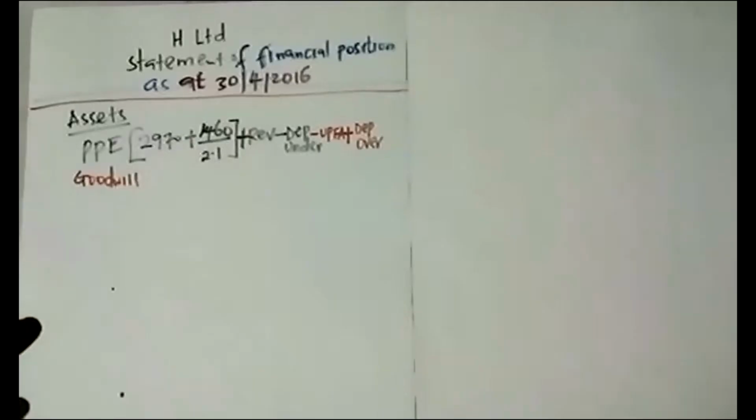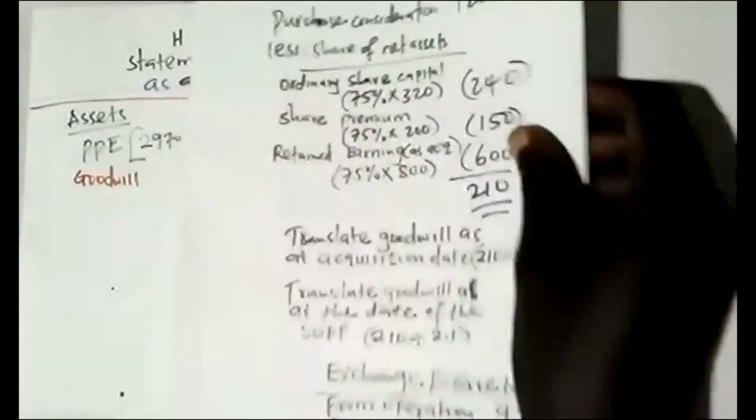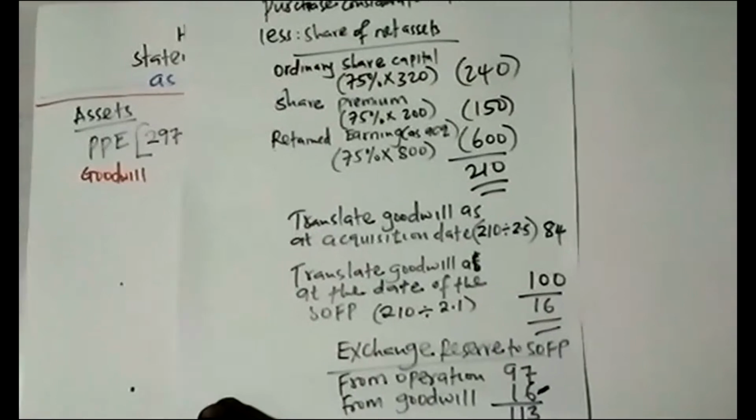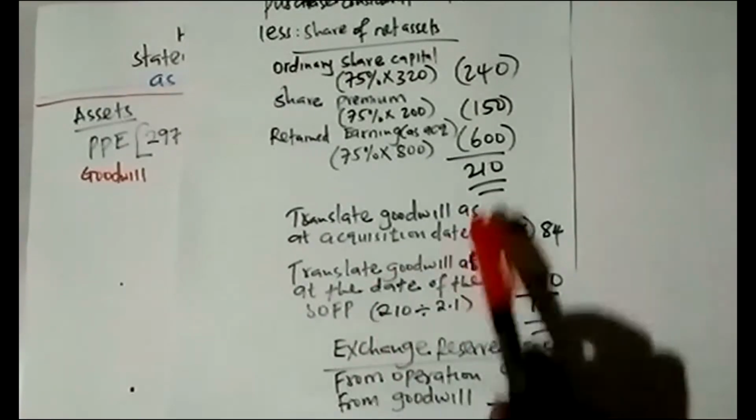I remember very well it was a certain figure, which is 210, of which we converted in 2 ways, as at the date of acquisition and as at the date when the statement of financial position is prepared. So I can display. So this is what we did. So for goodwill, we got 210.